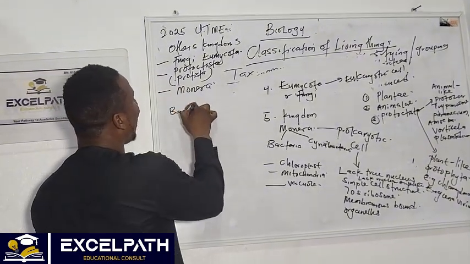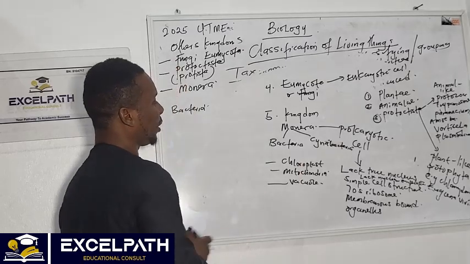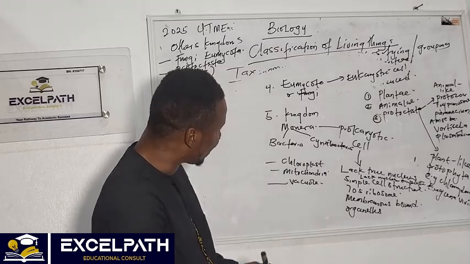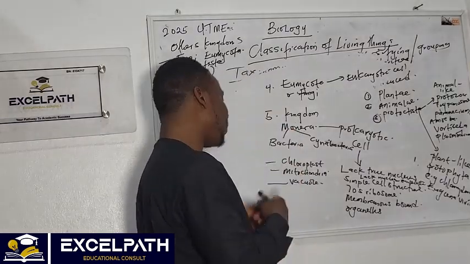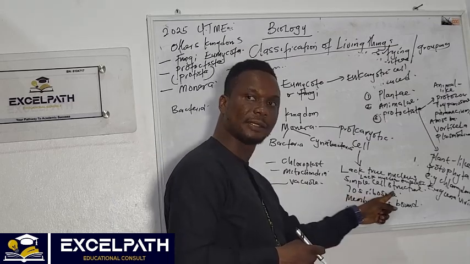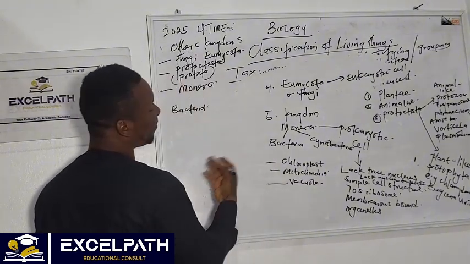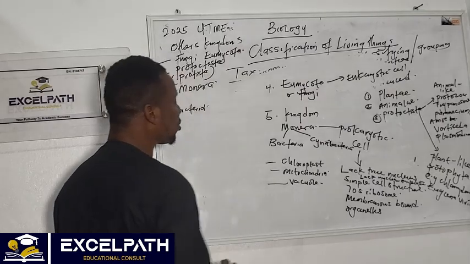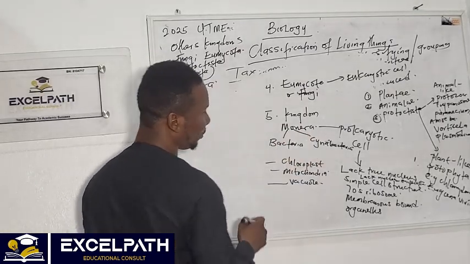Now, bacteria is a prokaryote because it lacks a true nucleus. It is placed in the kingdom Monera. Bacteria ribosome is 70S. Bacteria does not have chloroplasts, mitochondria, vacuoles, or a nucleus, meaning they belong to kingdom Monera.